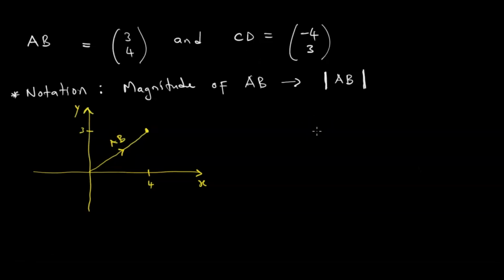Saka in order for us to be able to find the size, the magnitude, remember, tataura tichiti the size or magnitude of a vector corresponds to the length of the vector line. Saka mubvunzo watiri kuvhunza wakangofanana nekuti tinowana sei the length of this line.